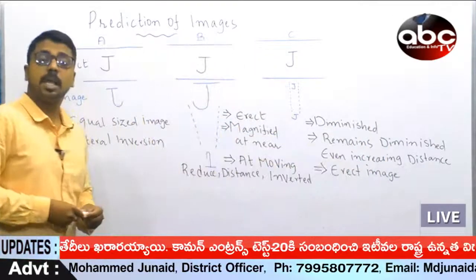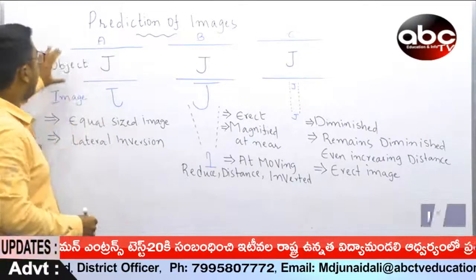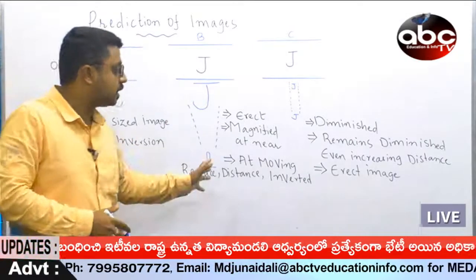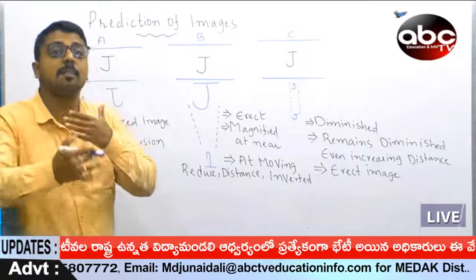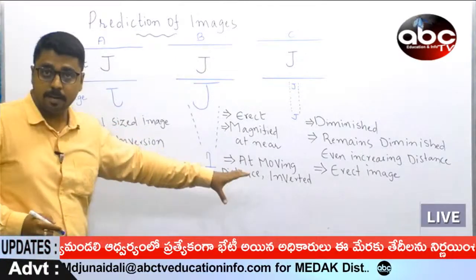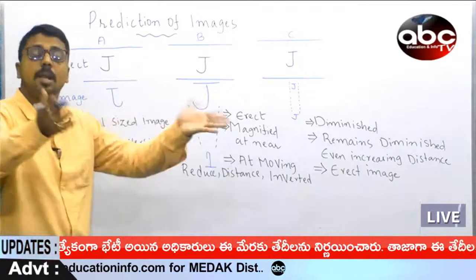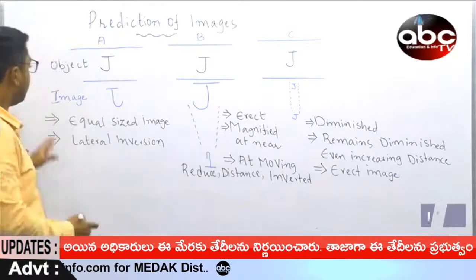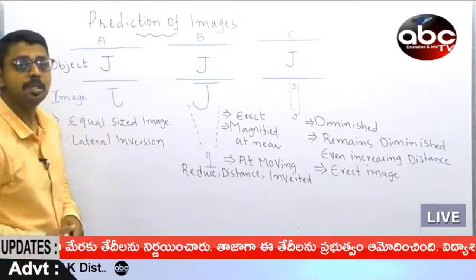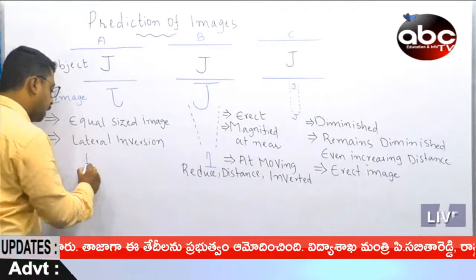So, such a type of image characteristics will be obtained ఇక్కడ మనకు ఆబ్జెక్ట్స్ ని తీసుకున్నప్పుడు. So, by seeing the characteristics, let us analyze which are the type of mirrors are A, B, C. చూస్తున్న ఈ క్యారెక్టరిస్టిక్స్ ని బట్టి మనం ఒకసారి ఏ మిర్రర్, బి మిర్రర్, సి మిర్రర్ అనేది కనుక్కుందాం. వెరీ సింపుల్. చూడండి అమ్మా, ఈక్వల్ సైజ్డ్ ఇమేజ్ వచ్చి లాటరల్లీ ఇన్వర్టెడ్ ఇమేజ్ వచ్చింది అంటే ఇట్ ఈస్ 90 కాదు 100% ప్లేన్ మిర్రర్.